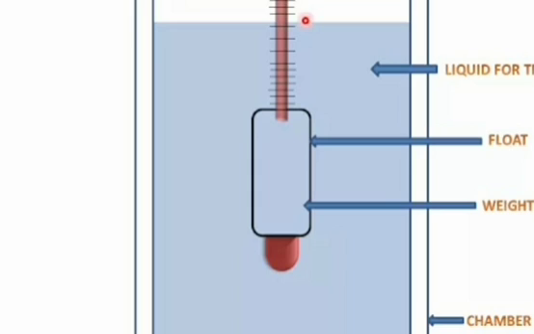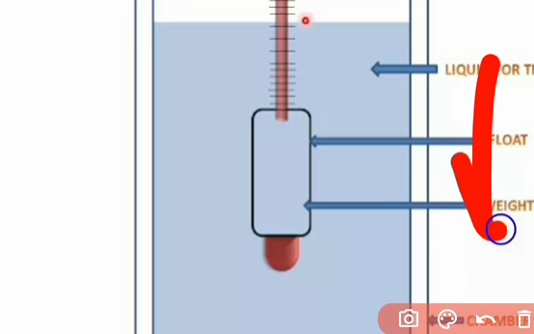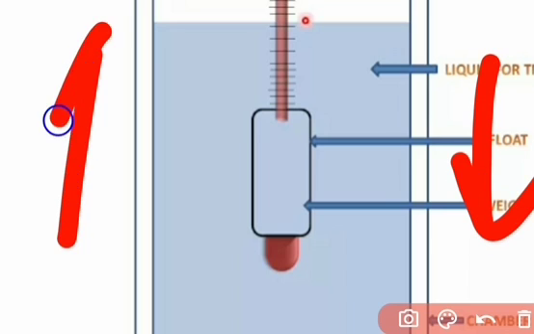Now, the working of the hydrometer depends on the principle of flotation. This hydrometer then sinks or rises depending on the density of the liquid. Lighter liquids will make the hydrometer sink, and heavier liquids will make the hydrometer rise.